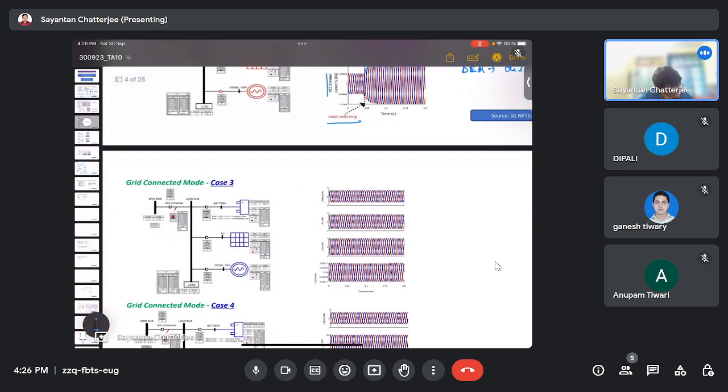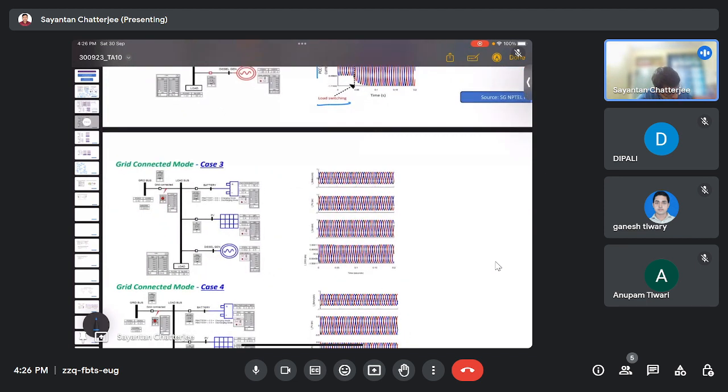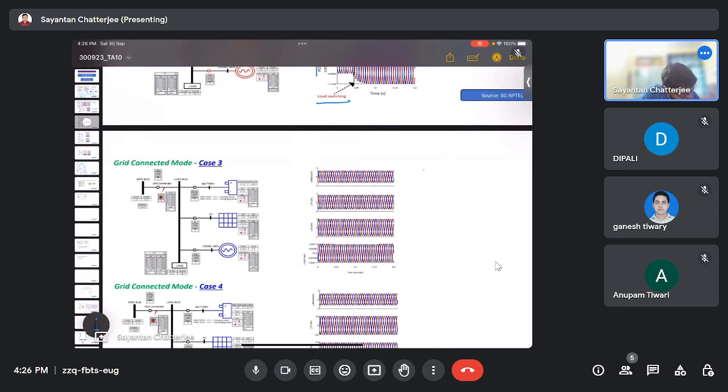Now in case 3, here we can observe that the battery is switched on.